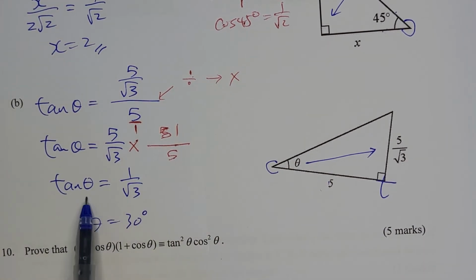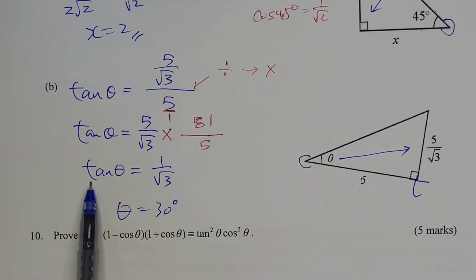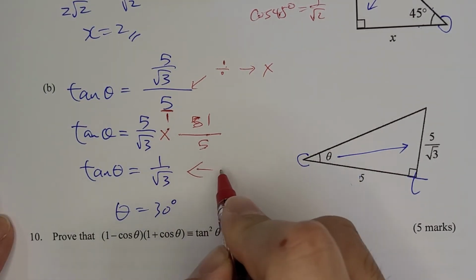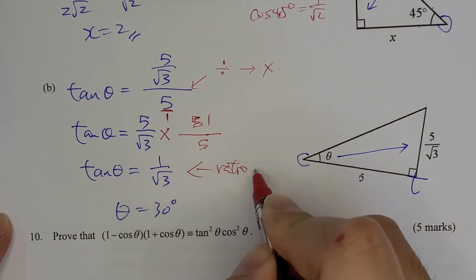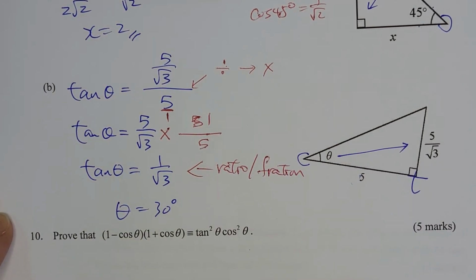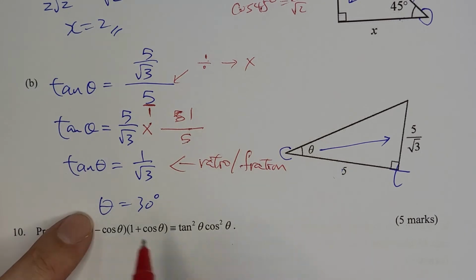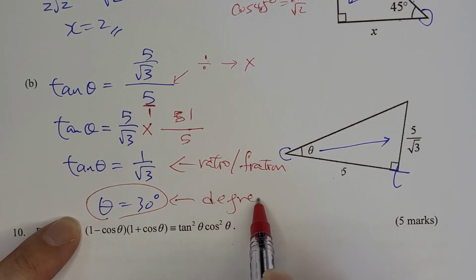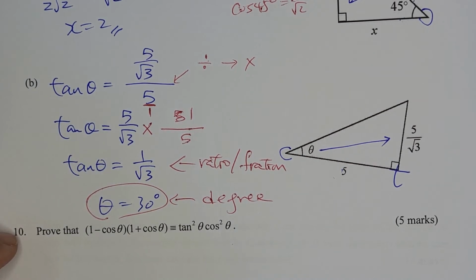Now pay attention to the presentation. Tangent theta is the trigonometric ratio, or a fraction in this case. After you press shift tangent, you are finding theta. It is a degree. Two things, okay?